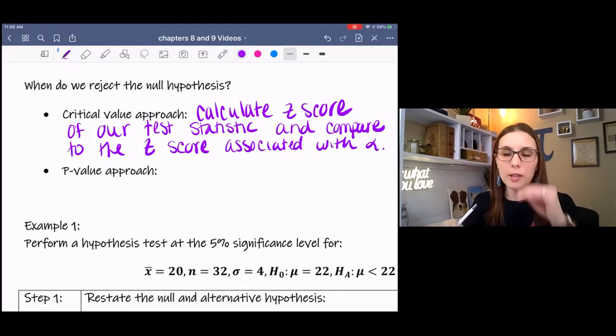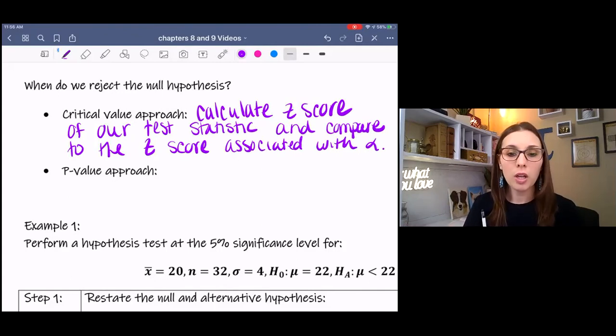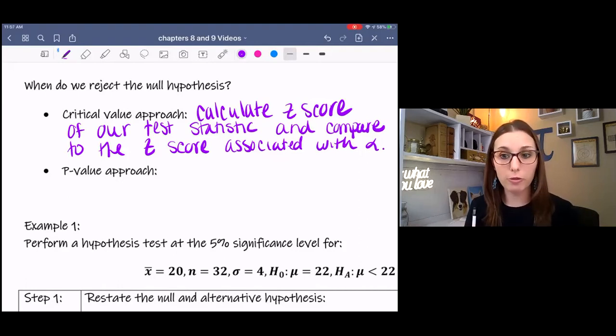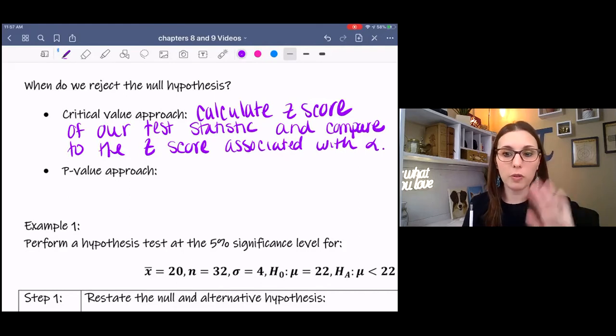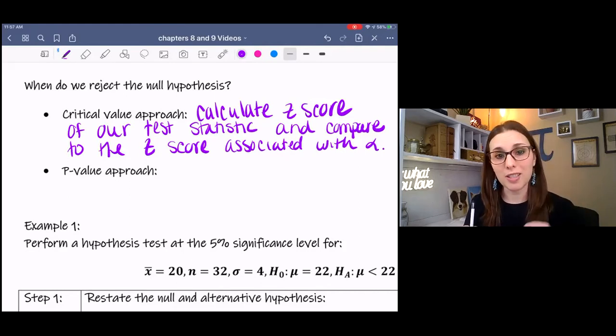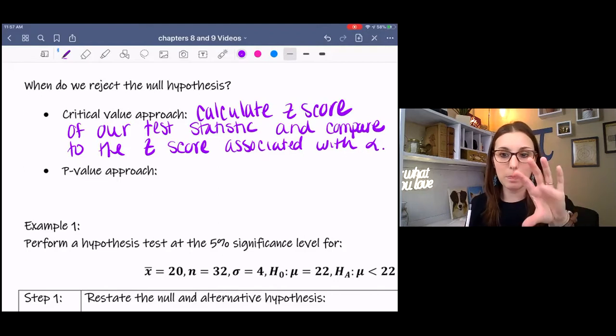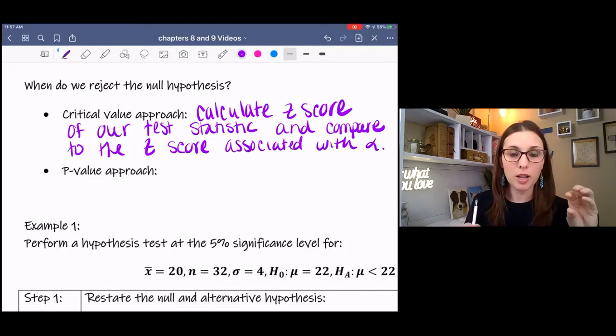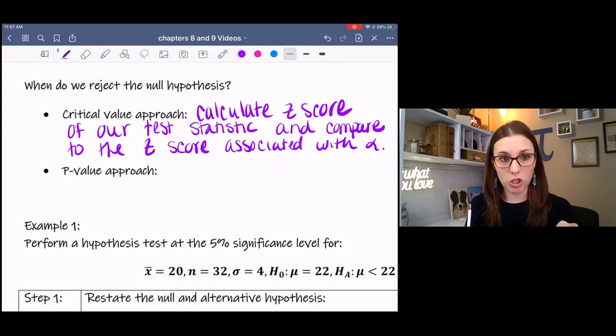And we decided the z-score associated with alpha, that's our critical value, by deciding whether it was two-tailed, right-tailed, or left-tailed. And so that kind of showed us where the rejection region was. And that rejection region decided our critical value. I kind of referred to it as a cutoff point. So our critical value provides a cutoff point. And if our test statistic is past our cutoff point, then that puts us in the rejection region.